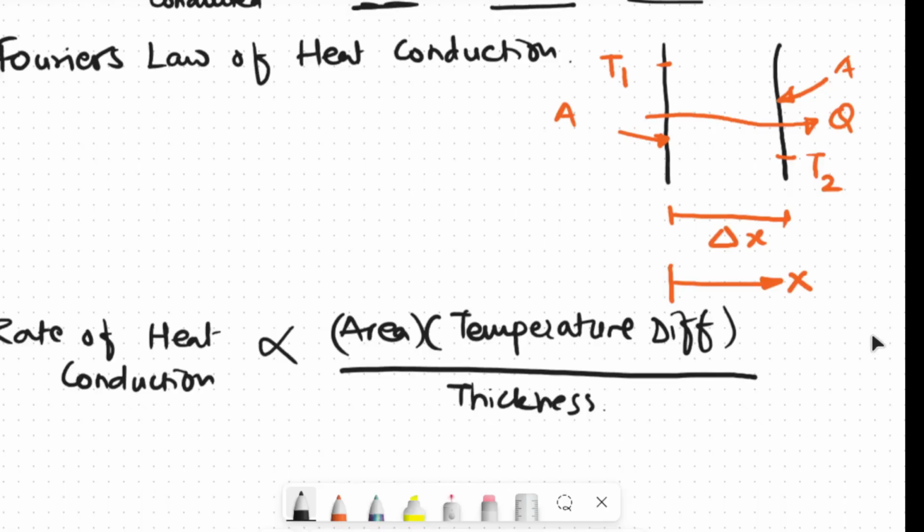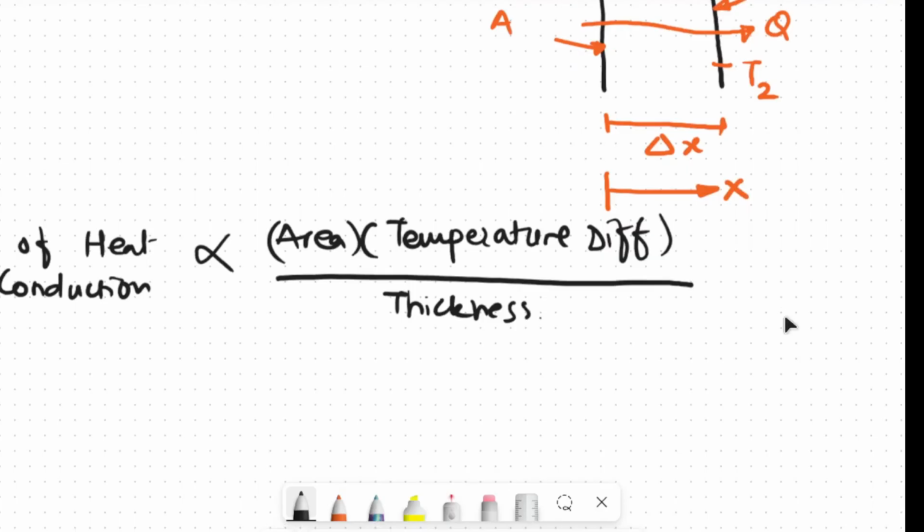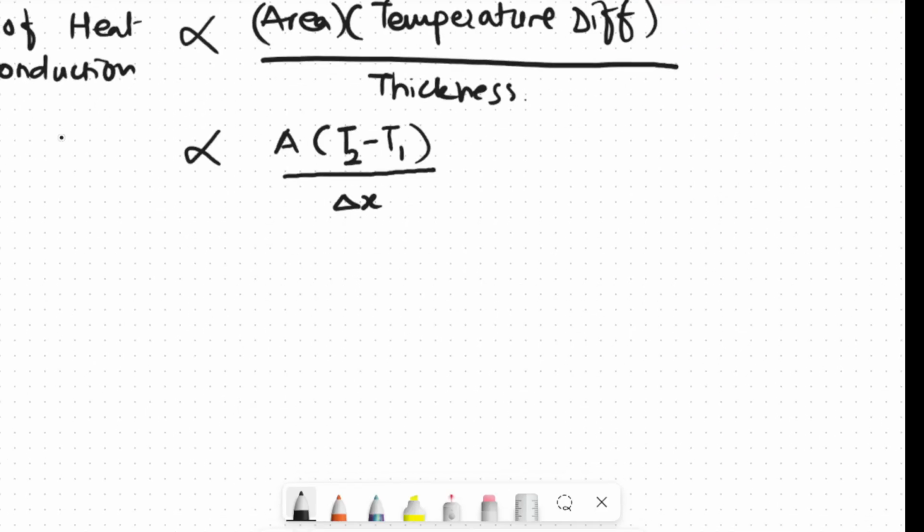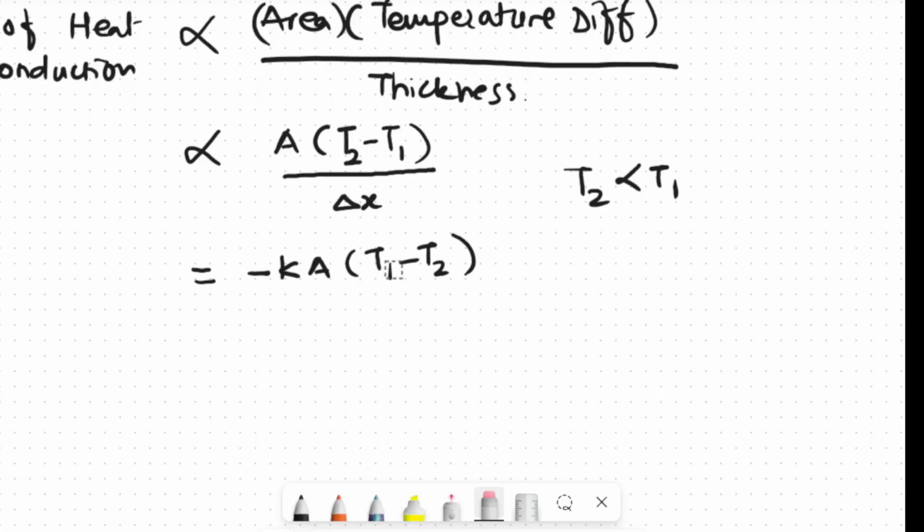For our diagram, it is proportional to the area times the temperature difference, which can be written as T2 minus T1, that is outside temperature minus inside temperature, divided by the thickness del X. If we want to remove the proportionality sign, so equal to, I need to add a constant K. Now T2 is lesser than T1, so we'll add a negative sign and it will make T1 minus T2.